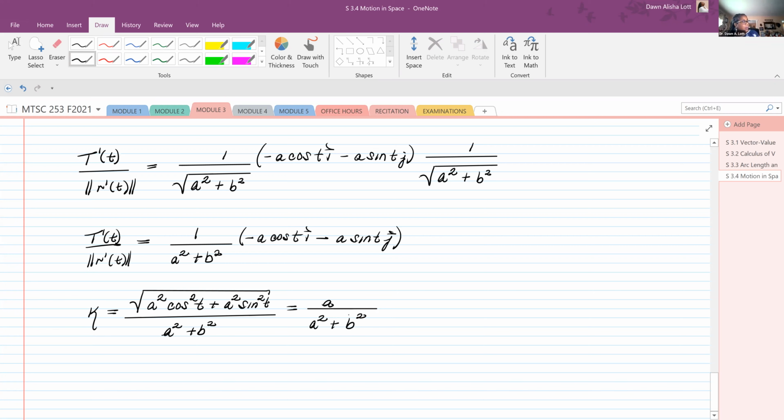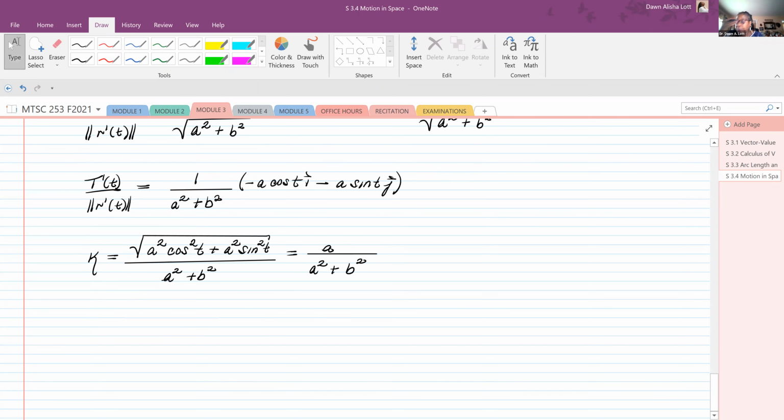So that says to me that the more it unwinds, the less curvature it has. The bigger b gets and it jumps up in the air, the less curvature it has. It has more curvature for small b. Okay, and we still need to find N. So N is T prime of t over the length of T prime of t.